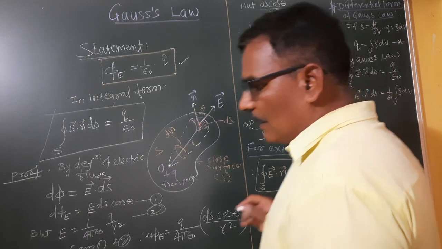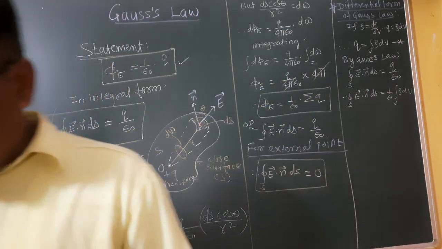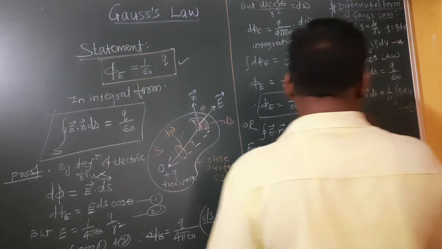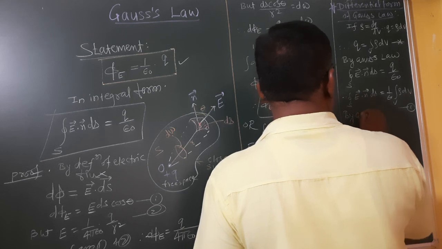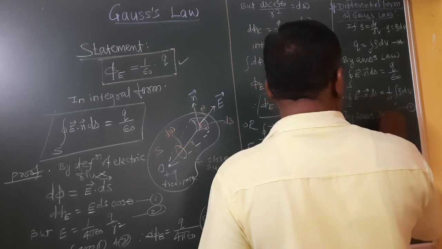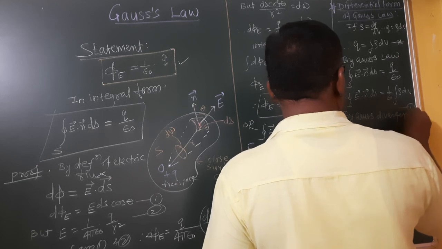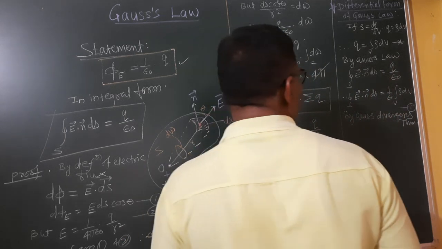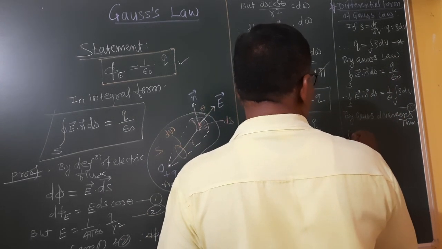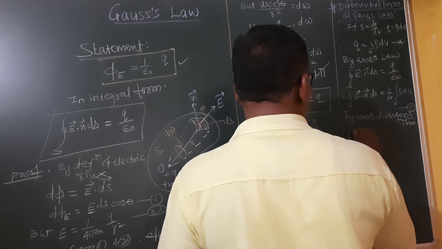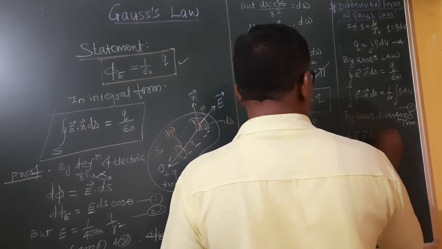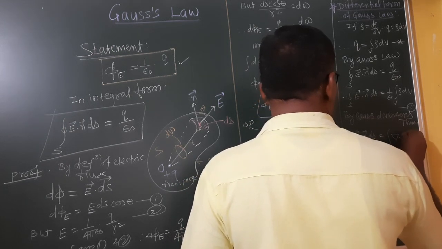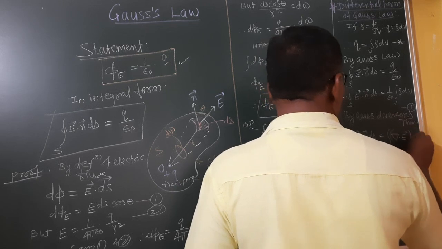This is the relation between surface integration and volume integration, equation number 1. By Gauss divergence theorem, surface integration of E bar dot n cap into ds is equal to volume integration of divergence of E bar into dv.